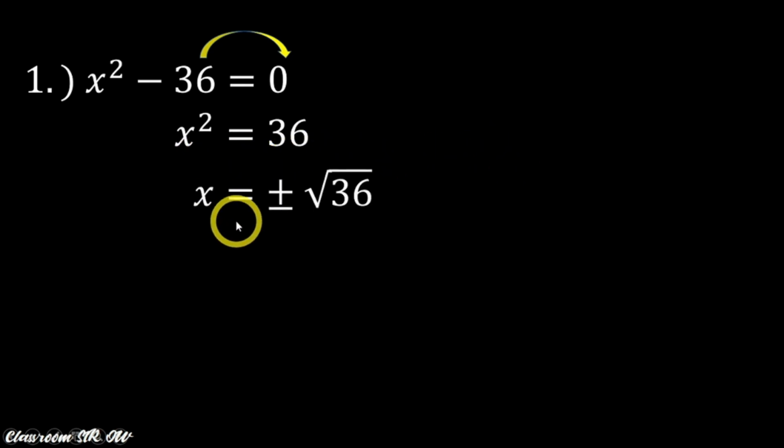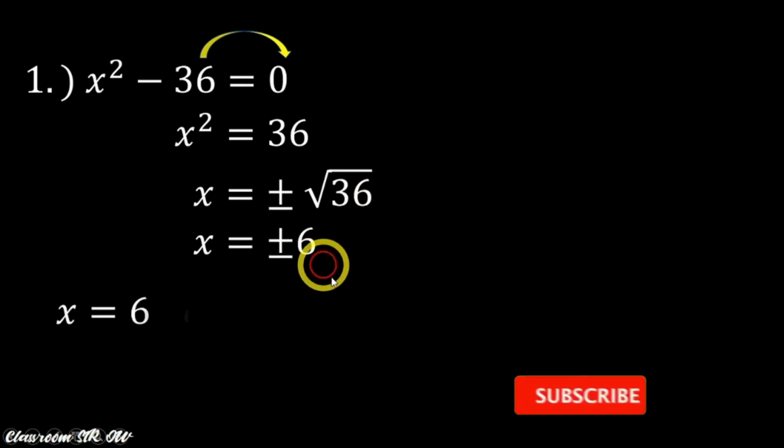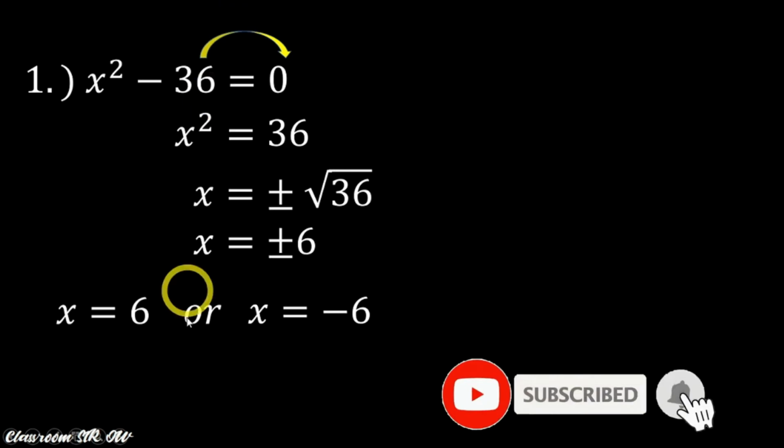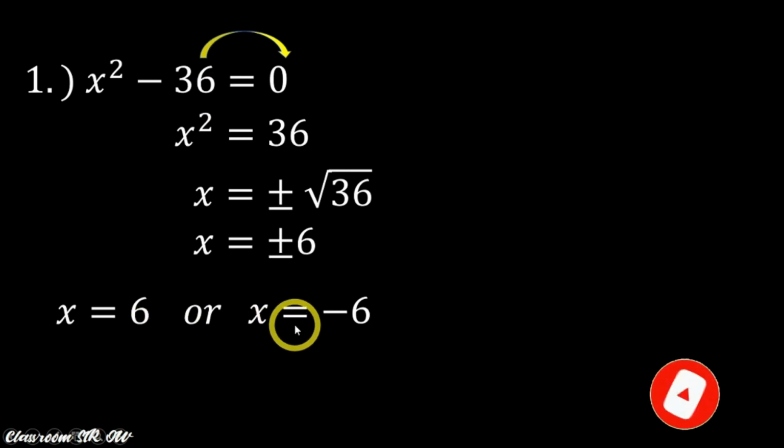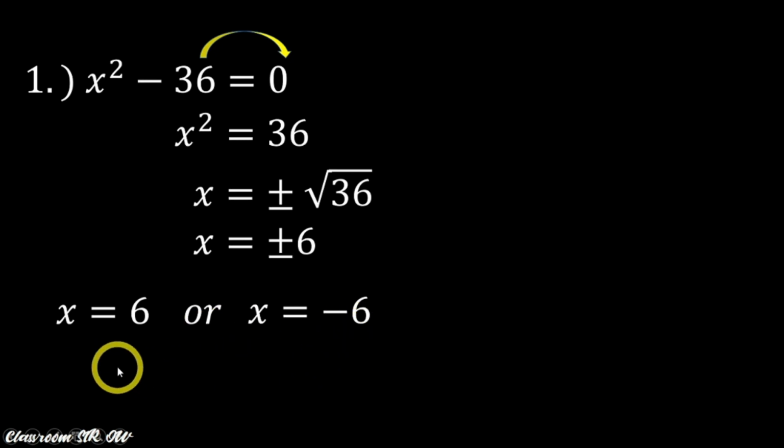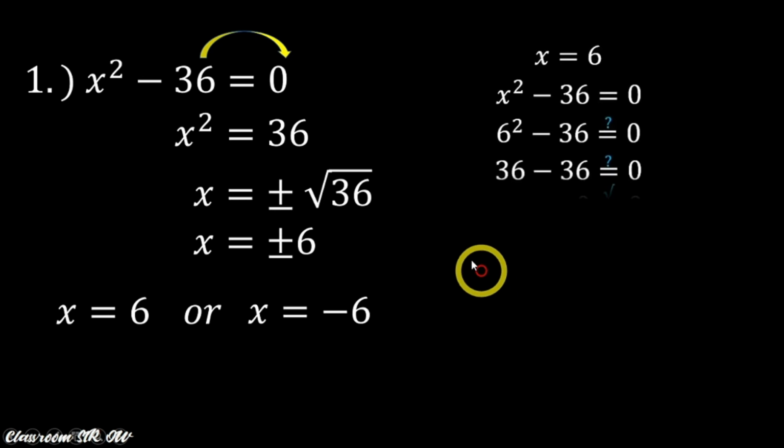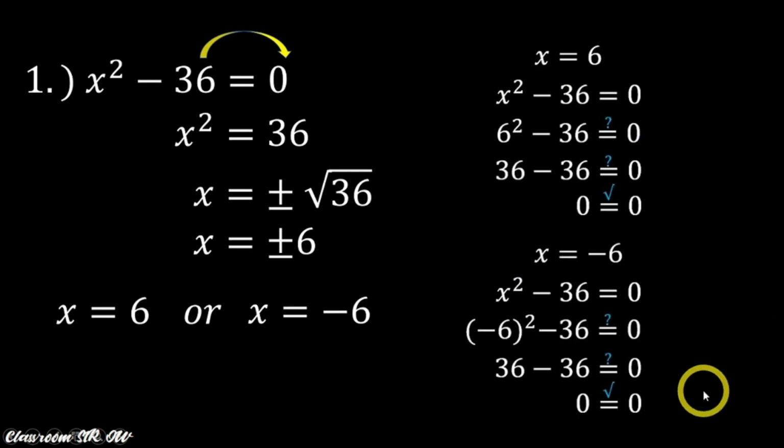So we have x is equal to positive negative square root of 36, and the square root of 36 is of course 6. Therefore, the roots of our x are x is equal to 6 or x is equal to negative 6. Now, to check your accuracy, you can check if x is equal to 6 and if x is equal to negative 6.